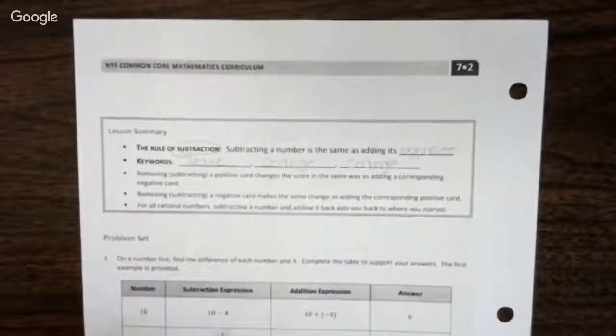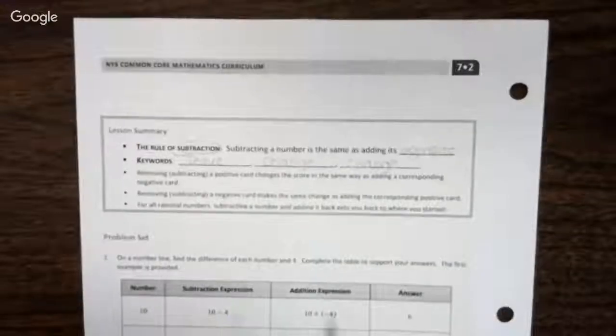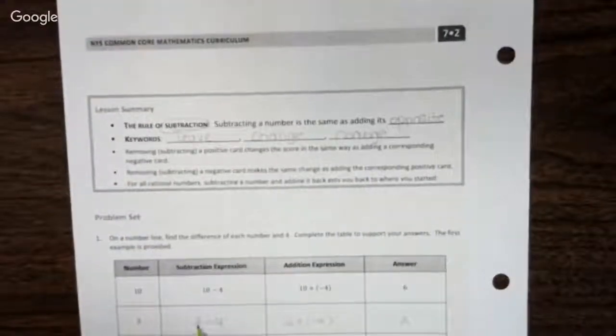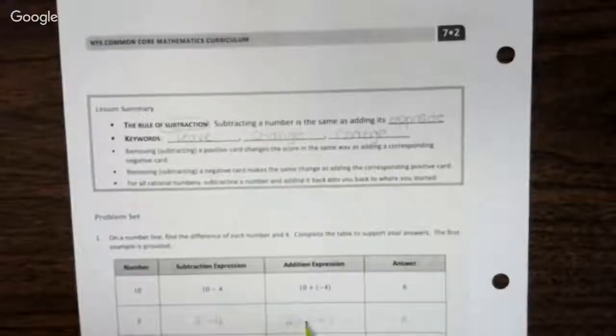Notice the number was 10, so we subtract 4 from 10, do leave, change, change, and then come up with the answer. So notice that the second number is 2. So subtract 4 from 2, leave, change, change, come up with your answer. So you're going to do that for all of those problems on this page. The rest of the homework should be pretty self-explanatory.